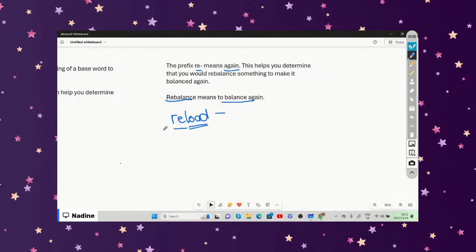And re means again, whereas load is like you need to fill. So reload is basically to load again. It's like saying do it again, add it again.